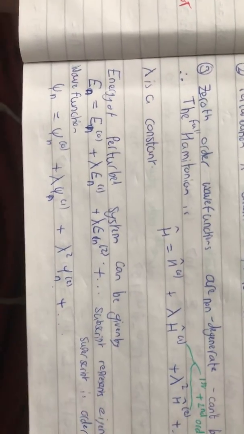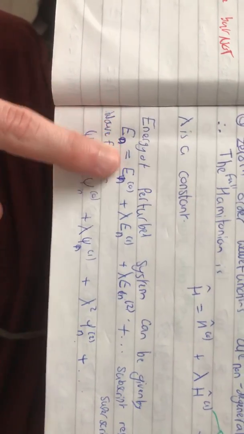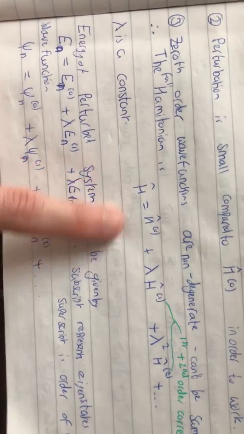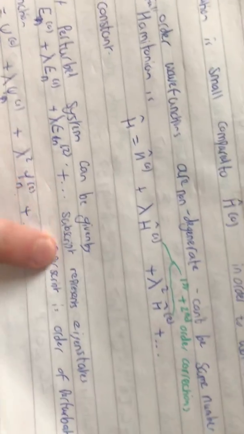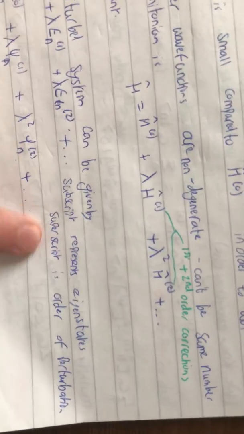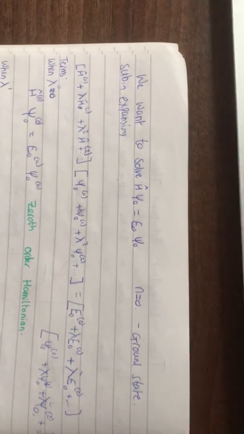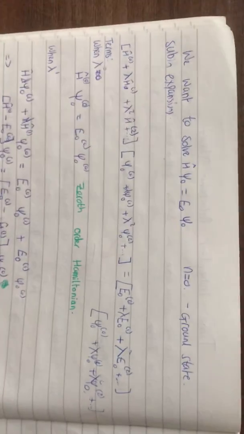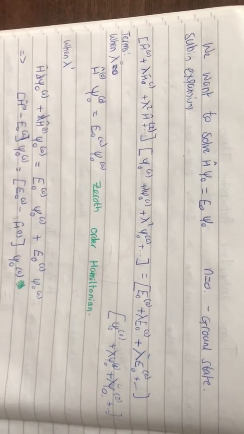The energy of a perturbed system can be given as pretty much exactly the same as the Hamiltonian, just by placing an E there, and the wave function is the same. The subscript represents the eigenstates, so we're looking at the nth eigenstate, and the superscript is the order of perturbation, so first, second, zeroth, etc. As we mentioned, we want to be solving the zeroth order, or the ground eigenstate.